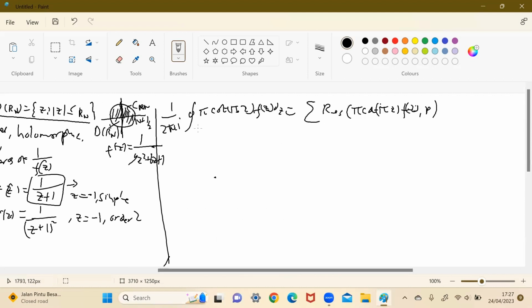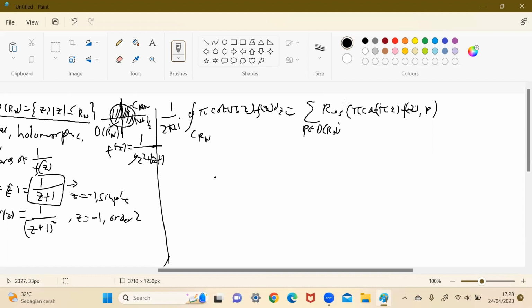So we can write this down as C_Rn, and then the poles p inside of D_Rn, which I think is done to make it tidier when you're trying to solve the problem.